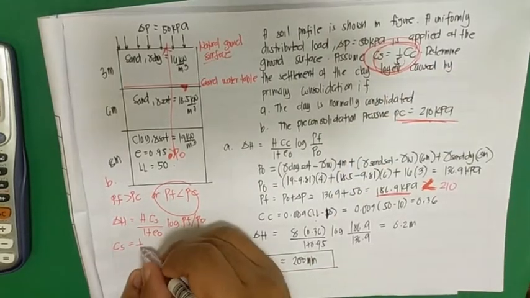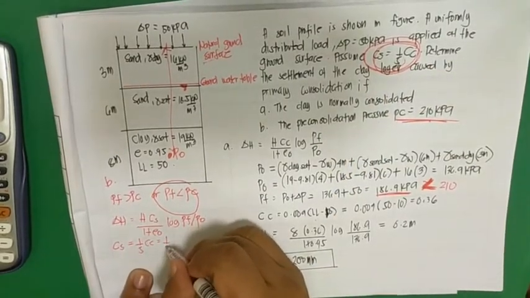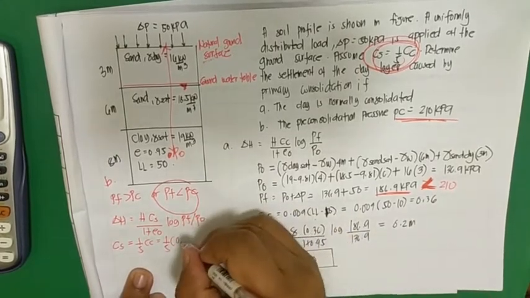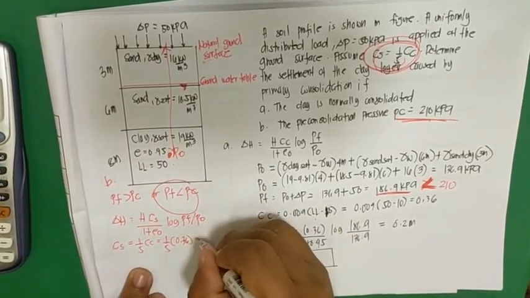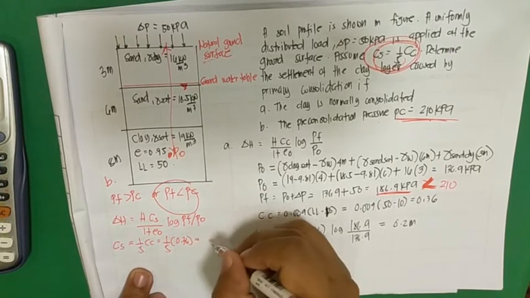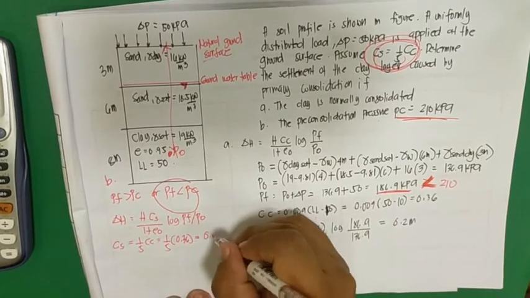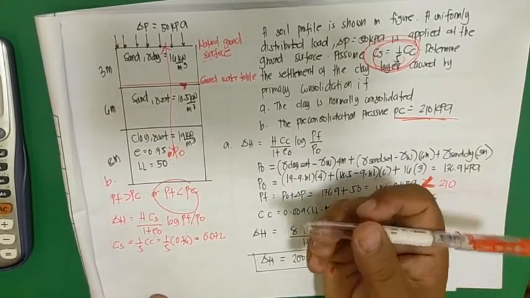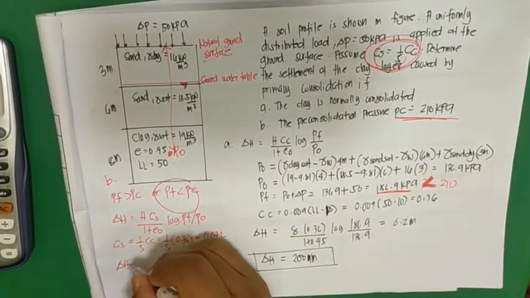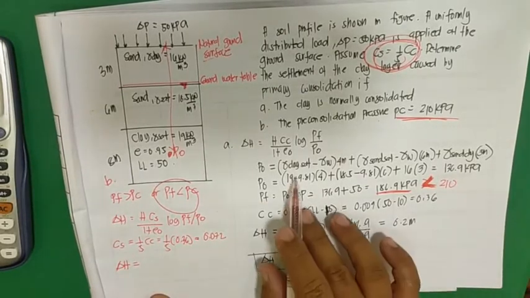It's one-fifth of CC. So this is one-fifth of 0.36, which is 0.36 over 5 is 0.072.